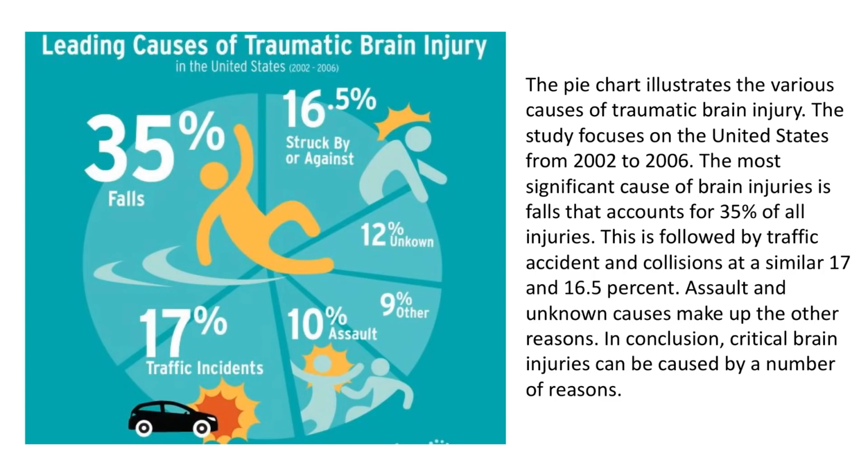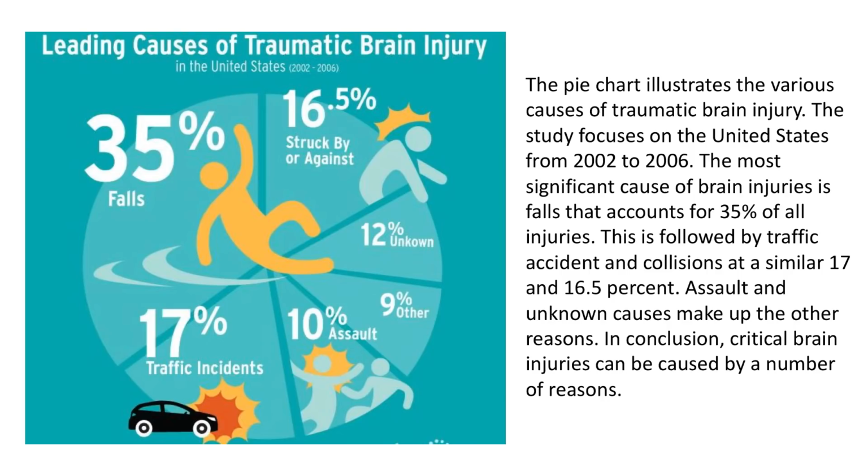And right away, what you have to do, you have to see what the title is, what it tells. So it tells us that it is about the causes of traumatic brain injury, and then under that it's telling us that the data is from United States for these years.